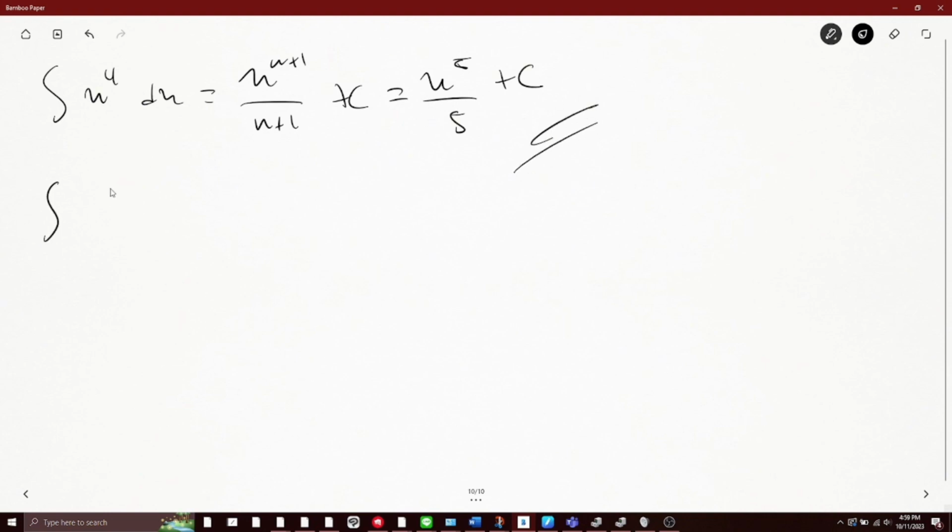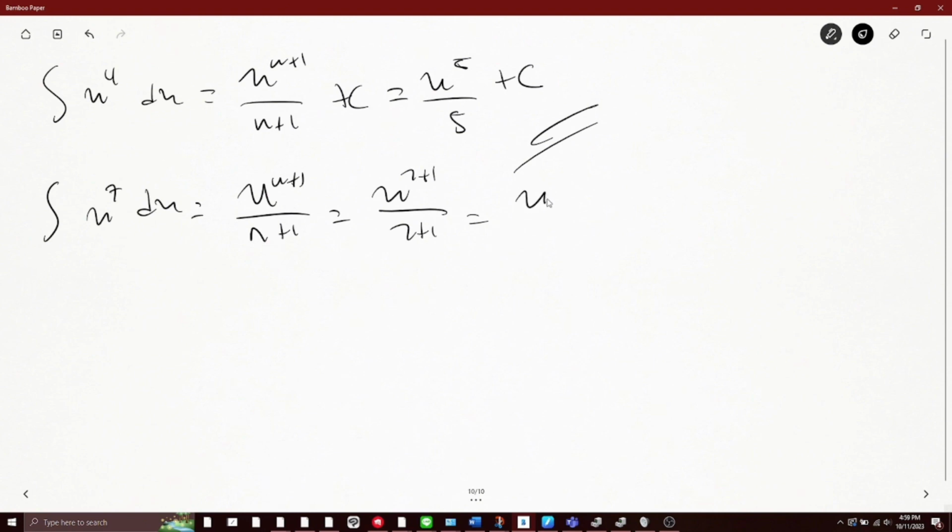And let's try this: the integral of x to the 7 dx is going to be x to the n plus 1 over n plus 1, which is x to the power of 8, or 7 plus 1, over 7 plus 1, which is x to the power of 8 over 8.